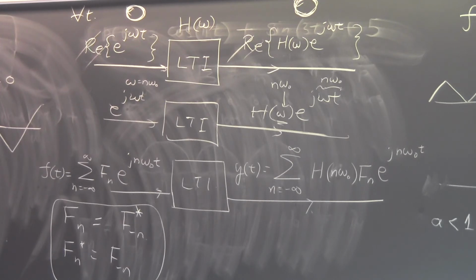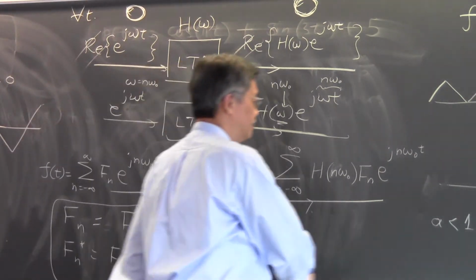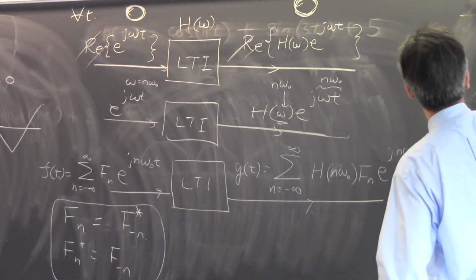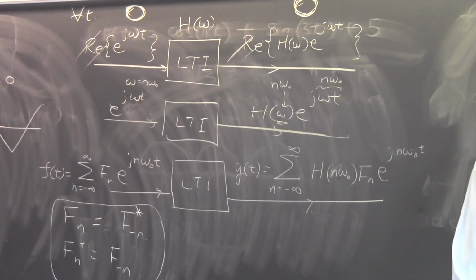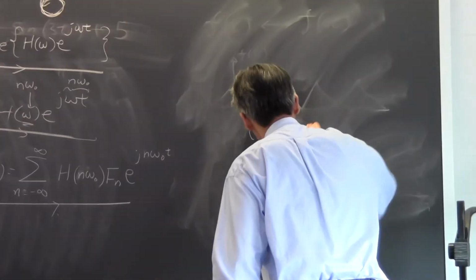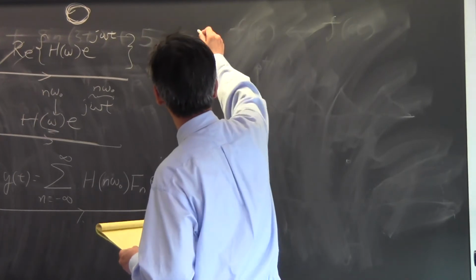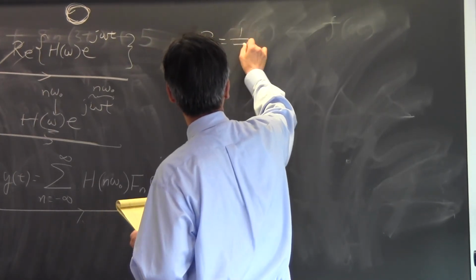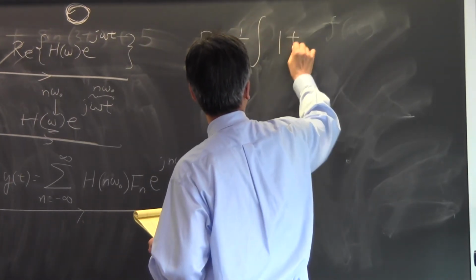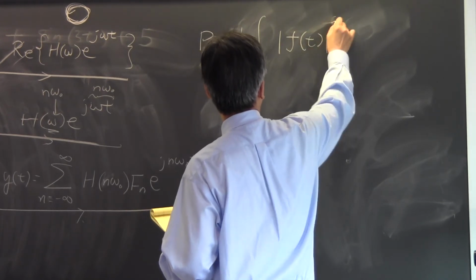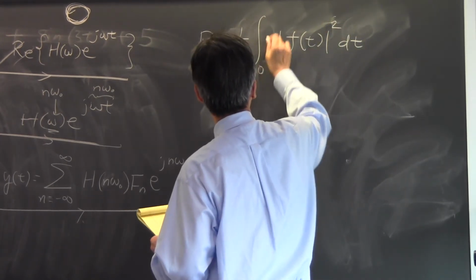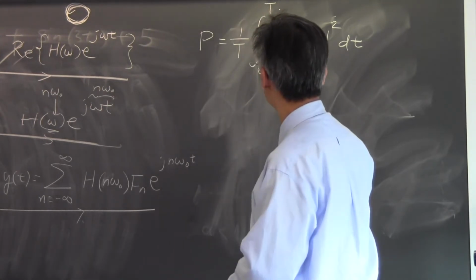Then we want to prove a certain thing that is not obvious to you, and maybe it will be a bit of fun. If you want to find the time average power in the signal, it is defined to be the signal squared, integrated over time and over one period.